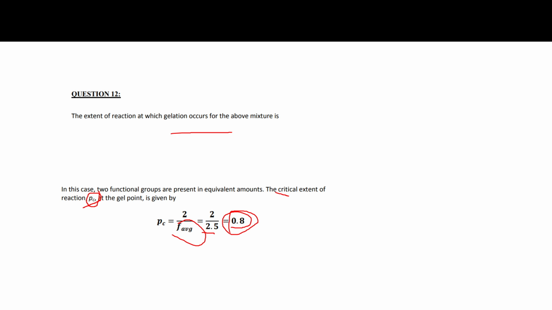Up to 80% you can control this polymerization, but above this critical extent point you get an uncontrollable polymer. So this equation, the relation between the critical extent of reaction and F average, you also need to know.